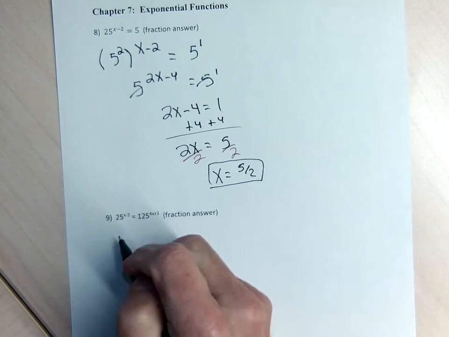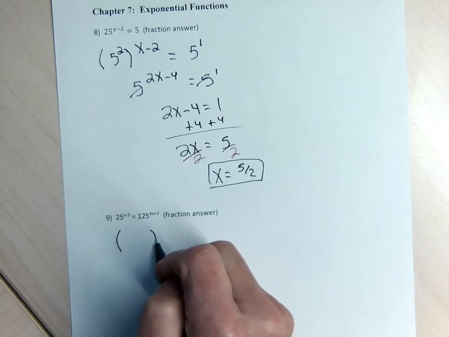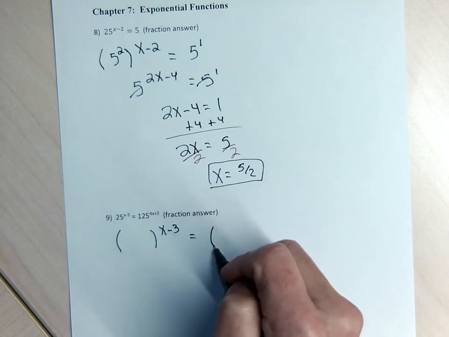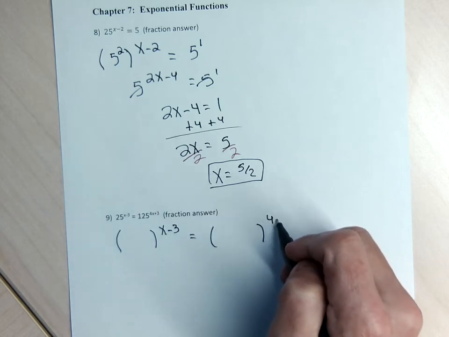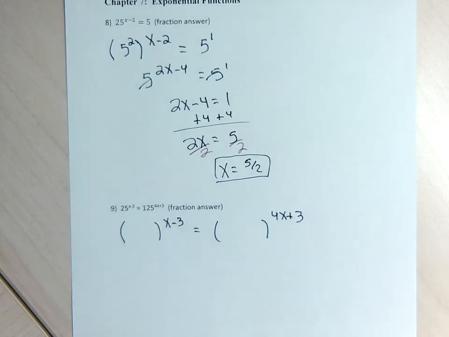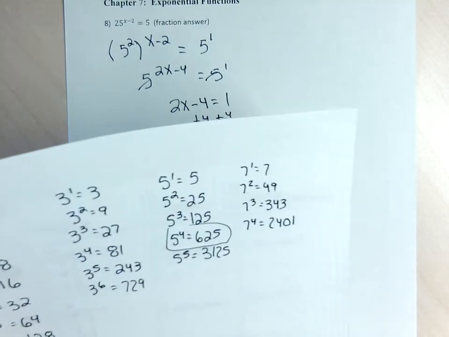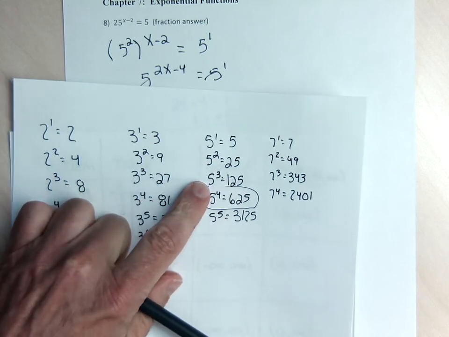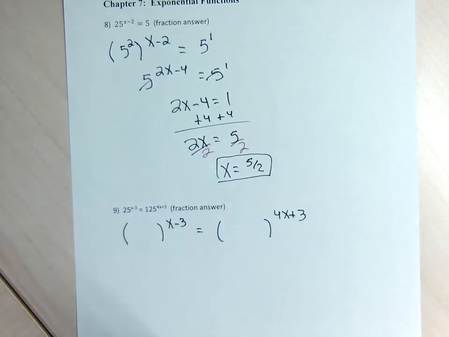For 9, both the 25 on the left-hand side and the 125 on the right-hand side need prime factorings, and they both already have exponents, so I need to introduce parentheses on both sides. On the left-hand side, the 25 is 5 squared. On the right-hand side, 125 is 5 cubed.